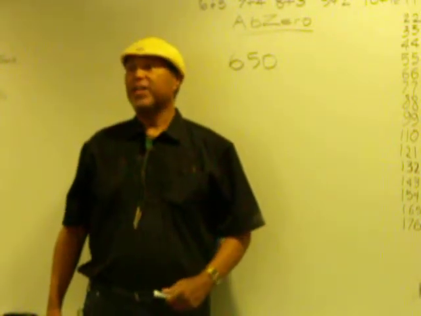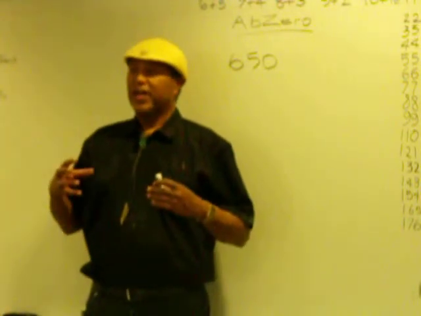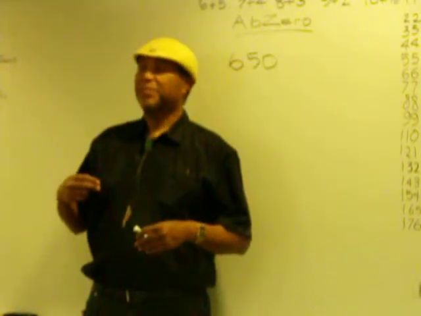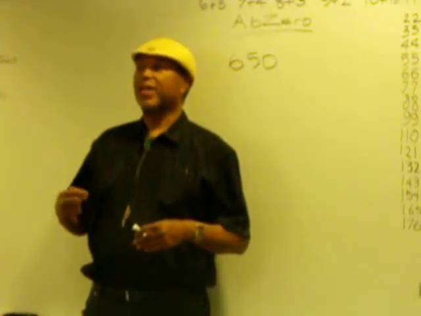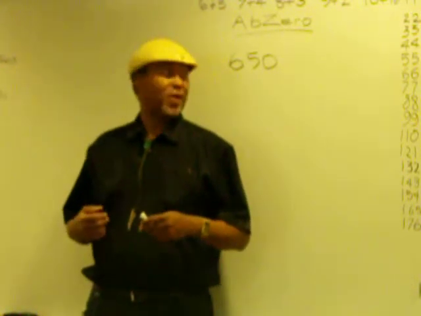You can always check or prove yourself, because whatever number you come up with, if you divide it by 11, you will end up with a whole number with no remainder whatsoever.